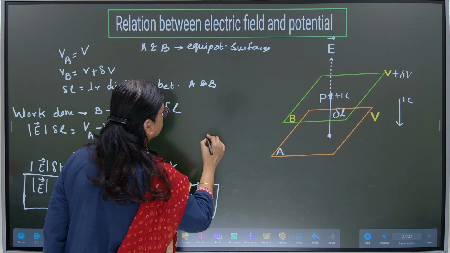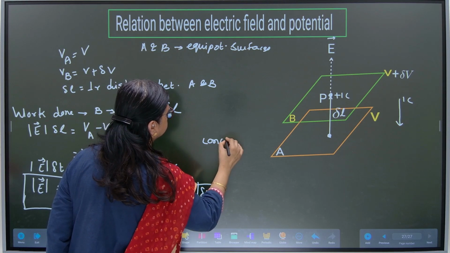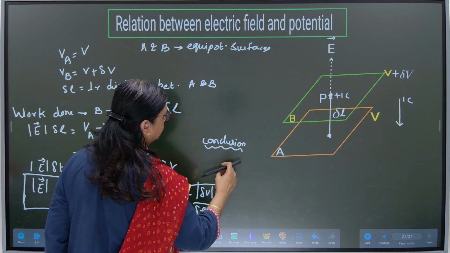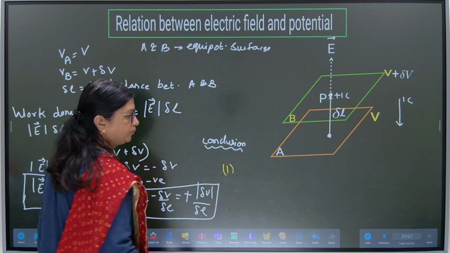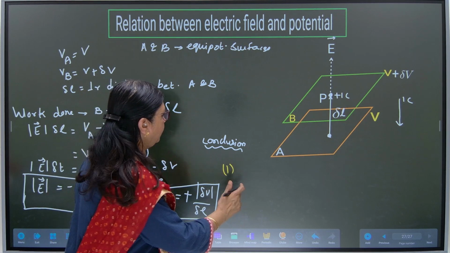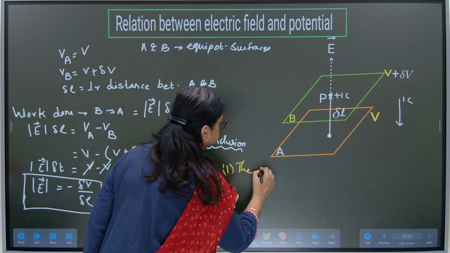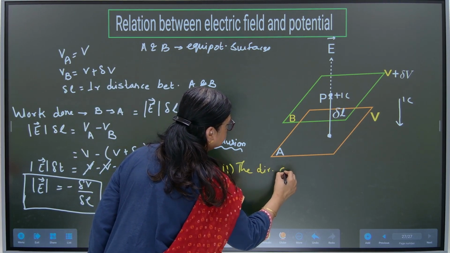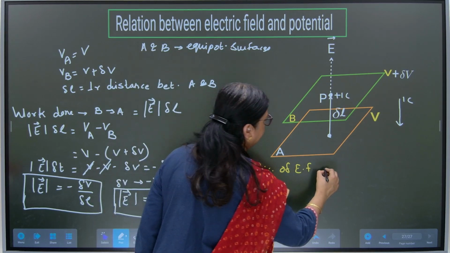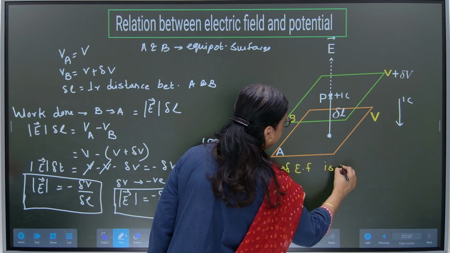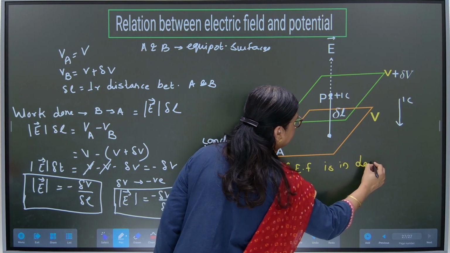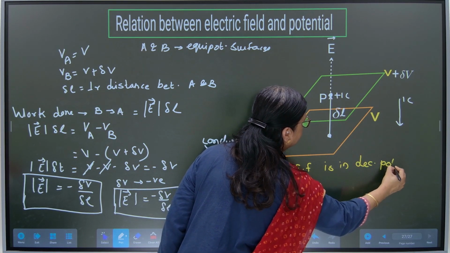One, conclusion. What is my conclusion? 1. The direction of electric field is in or towards decreasing potential.